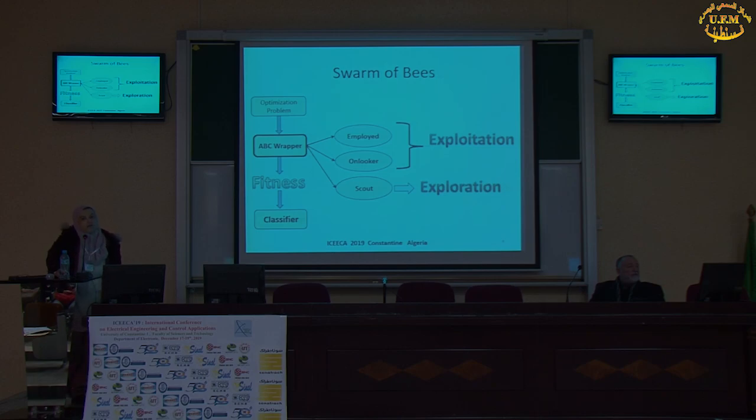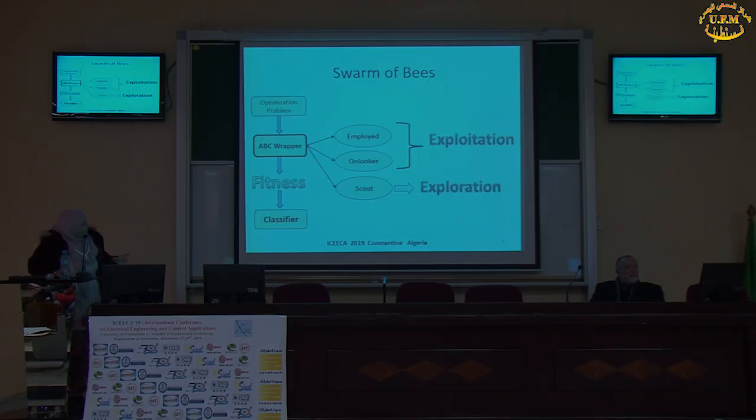In our case, we used artificial bee colony, which is a swarm intelligence algorithm, where different agents take different actions and must execute different tasks. For an optimization problem, in our case the feature selection problem, we need to get the best subset of features that delivers the best performance.